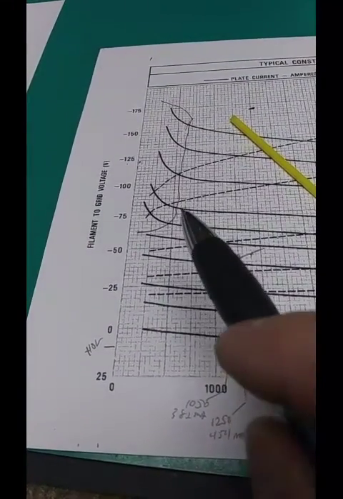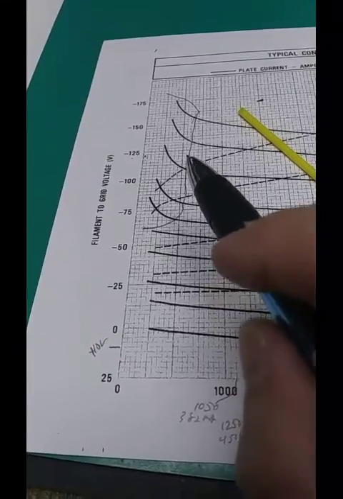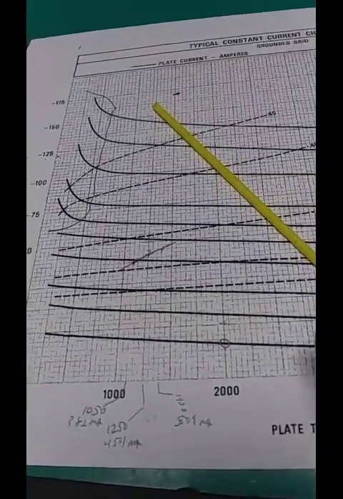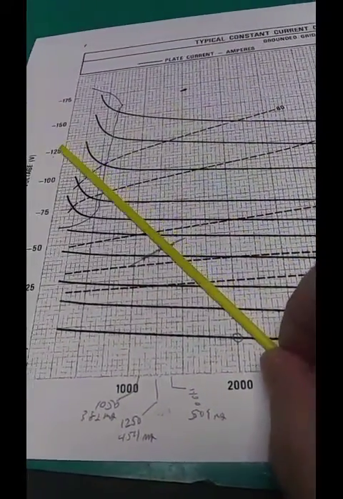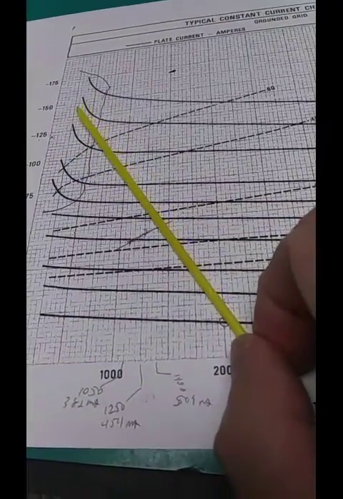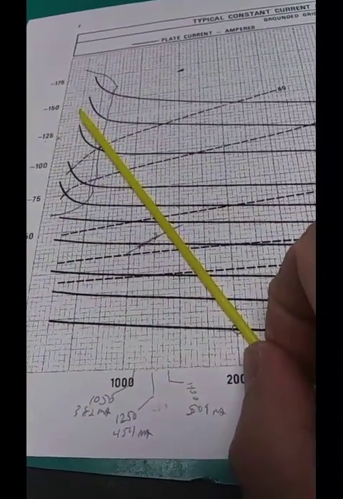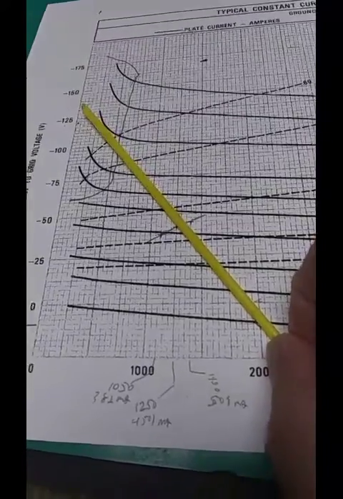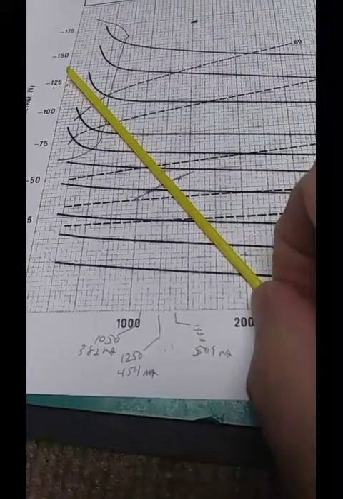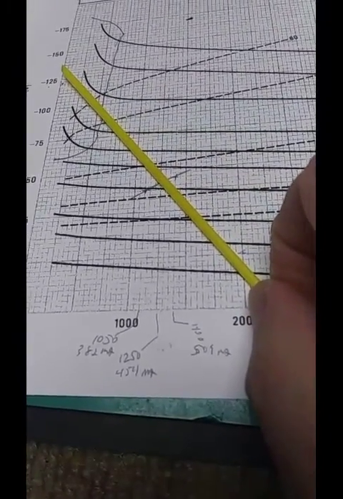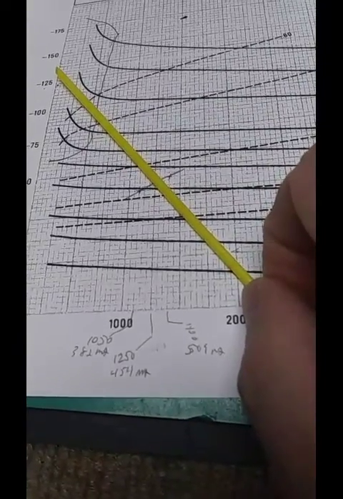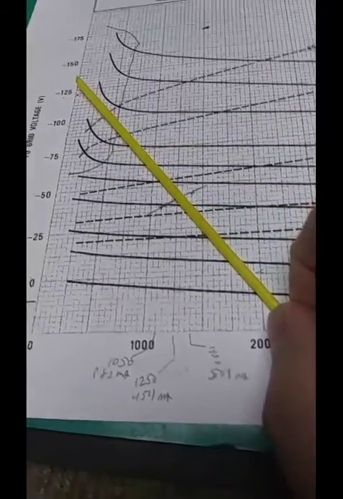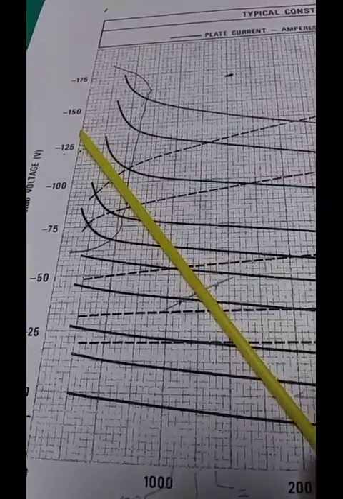And that would project up to this line, where the plate operating line would be from this lower point down here at zero current through that 1250 volt line vertically, which into 2750 ohms would be 454 milliamp, and that would go up and intercept that 500 volt line.